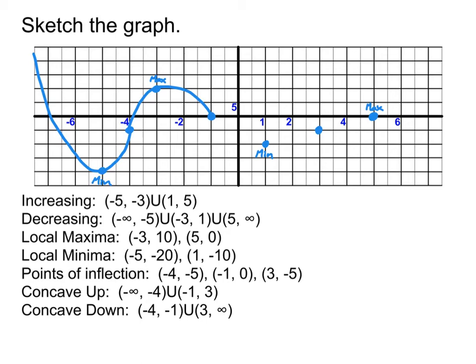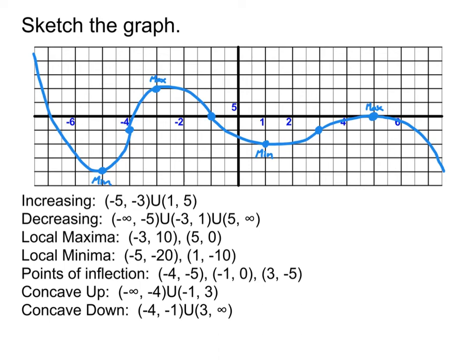I've got to show that it's going to be concave down. All right, then I go back to concave up from negative 1 up to 3. So again, it should be the shape of a cup. It's going to be concave up there. And then finally we're back to concave down the entire rest of the way. So we know that it's not going to be doing, for instance, one of these kinds of things, because there it's switching back into concave up. We know it's going to stay concave down all the way as it goes.